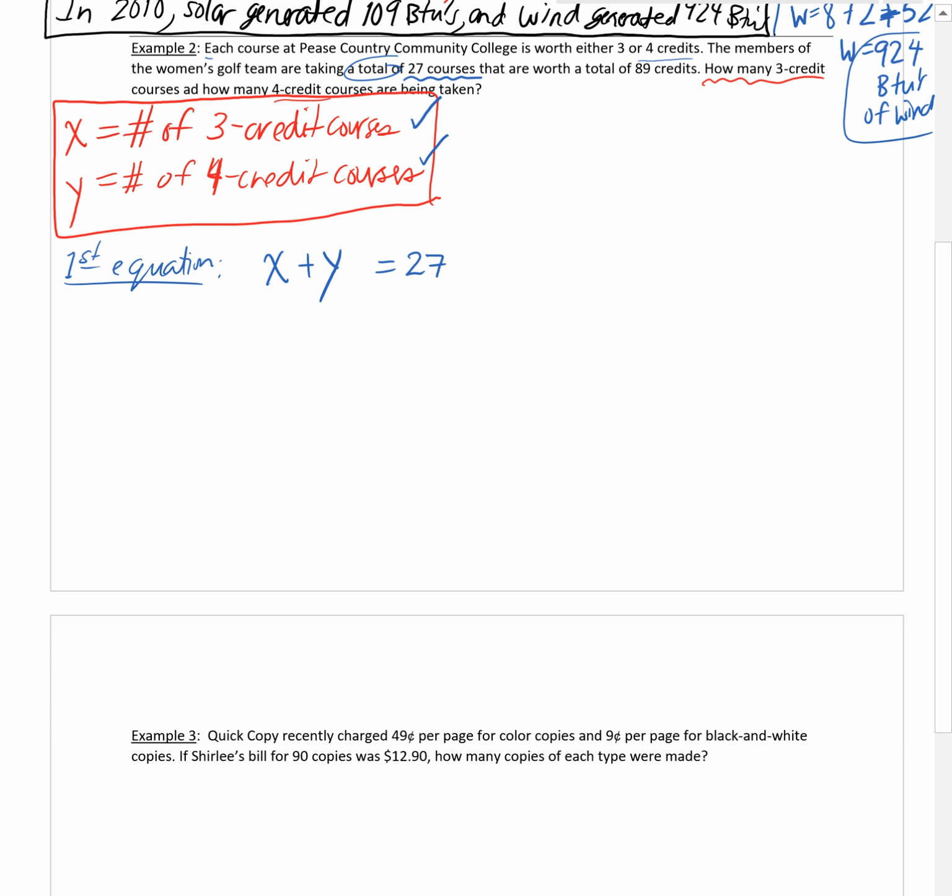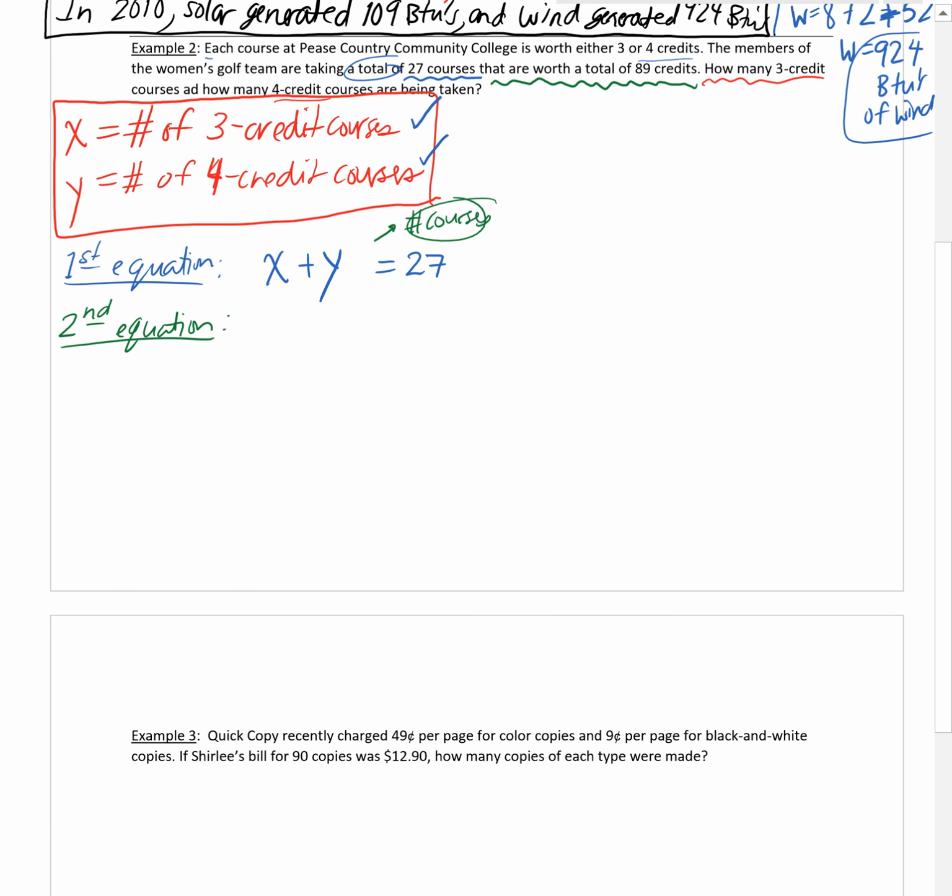But even within that same sentence, they say the courses are worth a total of 89 credits. I think that will give us the second equation. Because the first equation is more talking about the number of courses. X was the number of 3-credit courses, Y is the number of 4-credit courses, 27 is the number of courses total.